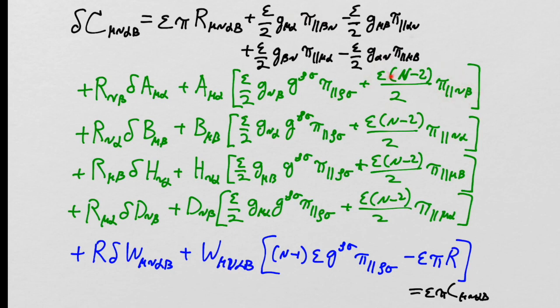So this term here is what we're going to have to use to cancel that term there. Likewise, to get rid of this term here, we're going to have to use this term here. And likewise with this one, so we have to get these four terms to cancel with these four terms. And the way we do it is by choosing A, B, H, and D to make that happen. So let's just look at the first one, because they're all obviously going to be the same, up to a negative sign, right?